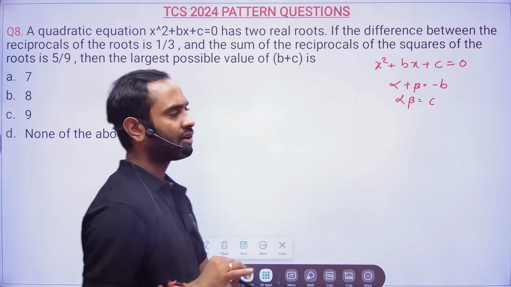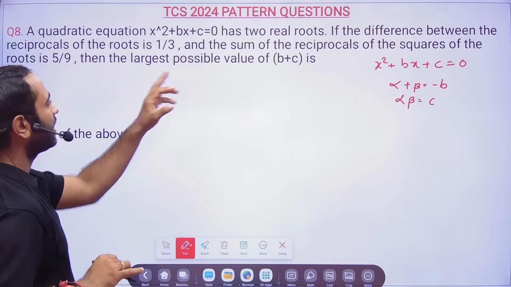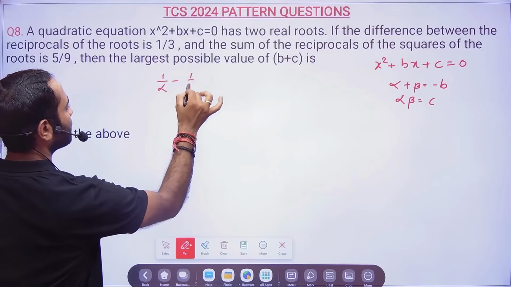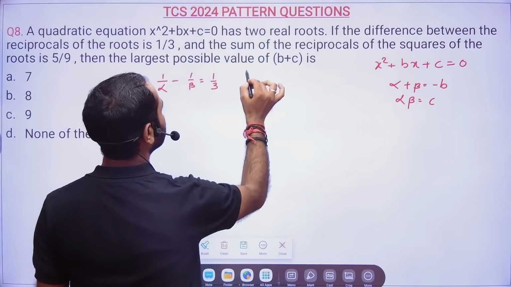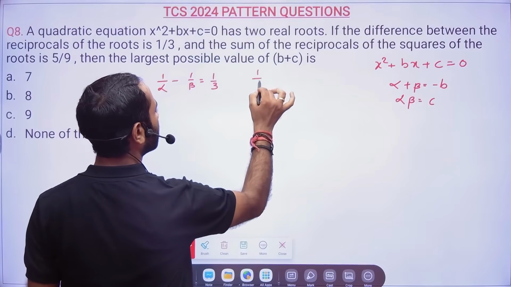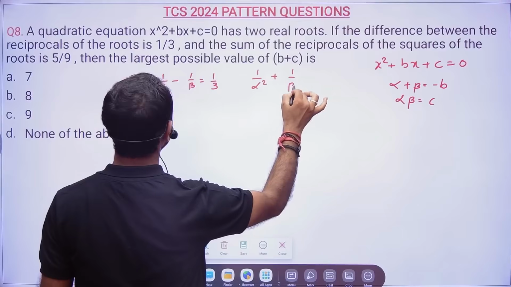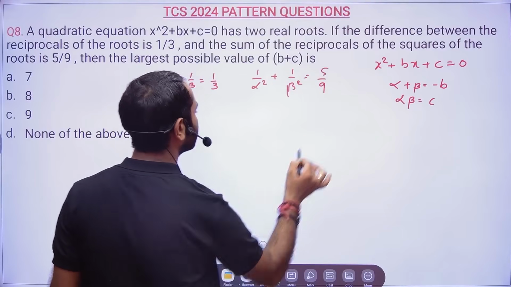So a is 1, c is c, and b is minus b. Then they are telling us the difference between the reciprocals of the roots is 1 by 3, and the sum of the reciprocals of the squares of the roots is 5 by 9.